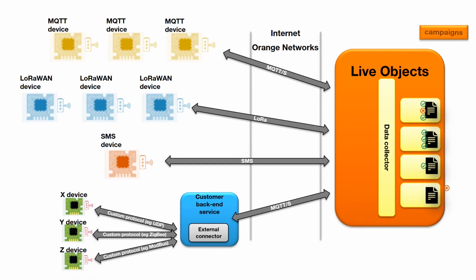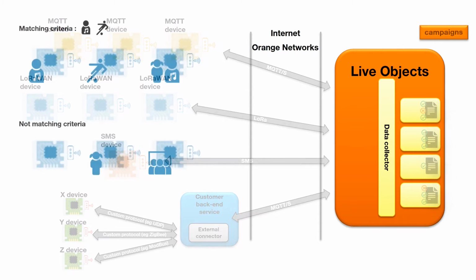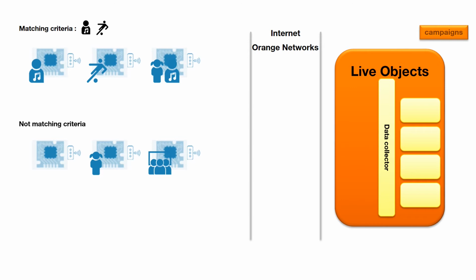Campaigns will apply to one type of device at a time because command formats are protocol-specific. They will apply to a part of the fleet or even your whole fleet. Here, we will request a filter on a tag to send commands to only music and sports tagged devices. Other devices will not be affected.